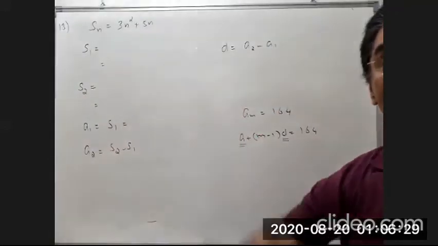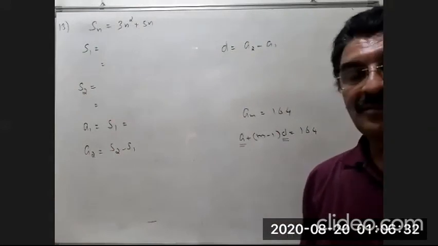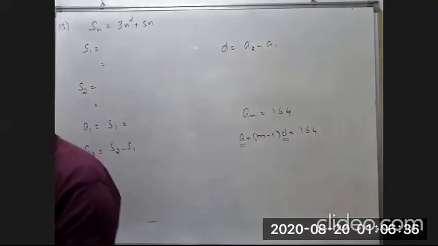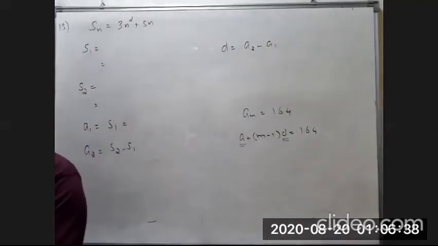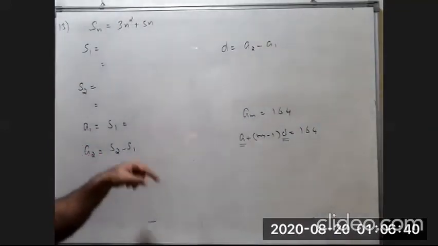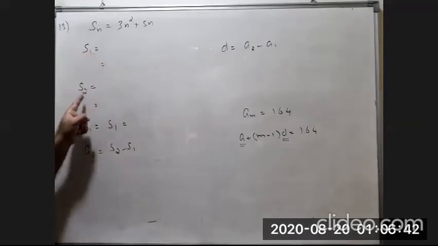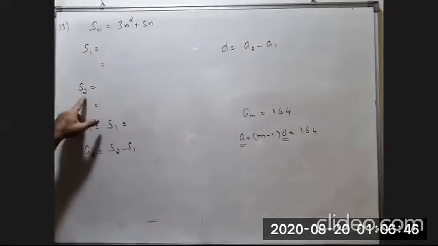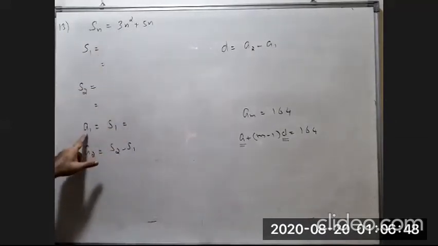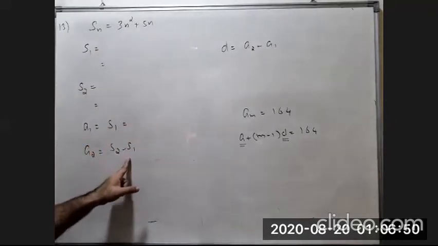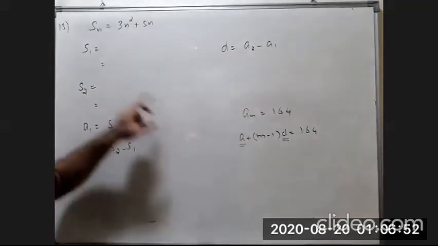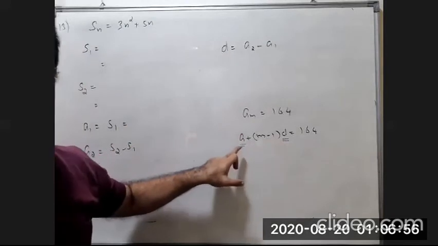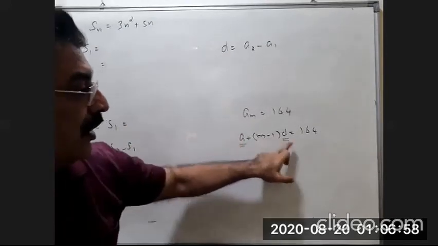You can start doing it now. Same steps. S1, then S2. Replace n with 1, we get S1. Replace n with 2, we get S2. Then A1, A2, then D. So we got A and D. After getting A and D, substitute the value of A and D in this formula.